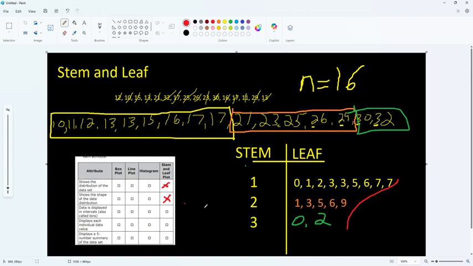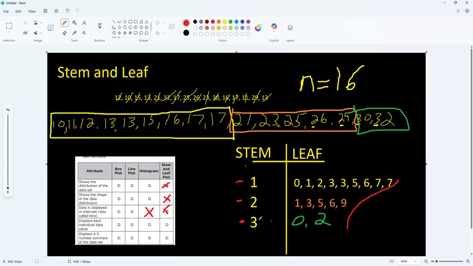Did I use intervals or bins? Well, yeah, I kind of did. This is a bin or an interval, this is a bin or an interval, this is a bin and an interval. Everything in 10, everything in 20, everything in 30. So yeah, I used these similar to a histogram. Histograms had smaller bins in this case.